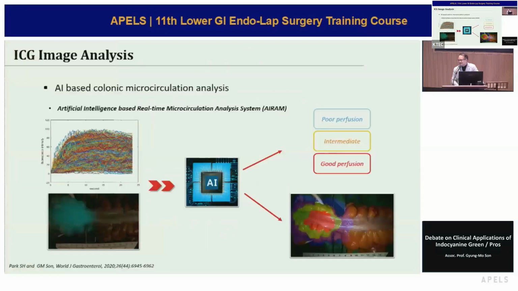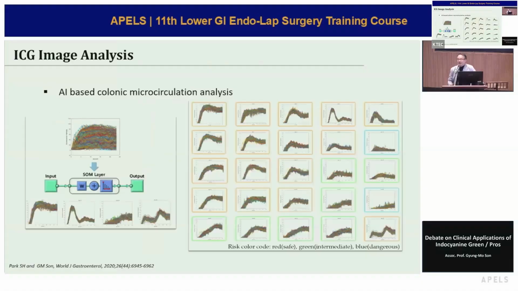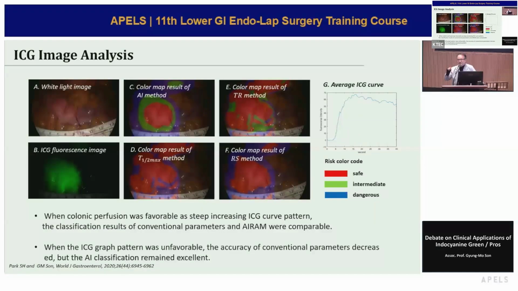Yes. And nowadays, I am trying to make an AI system using perfusion status mapping like this. The AI system is very good at classifying the very different patterns. The AI program can analyze each point of the colon for perfusion status, and it can determine whether it's good, poor, or intermediate, and express it as a color map like this.